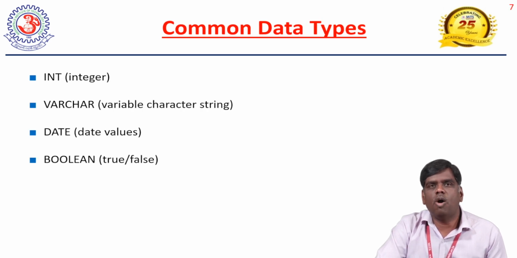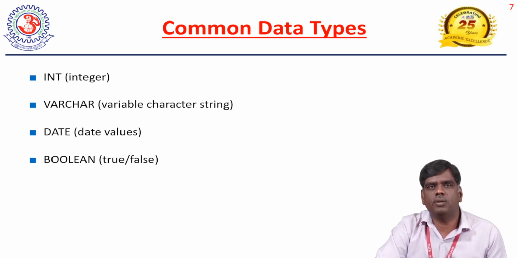And these are all the common data types used in the SQL query language. For integer we use int, and here we don't need to mention the size of the integer. If I want to use some string or alphanumeric, I'm going to use varchar, which is for variable character string.